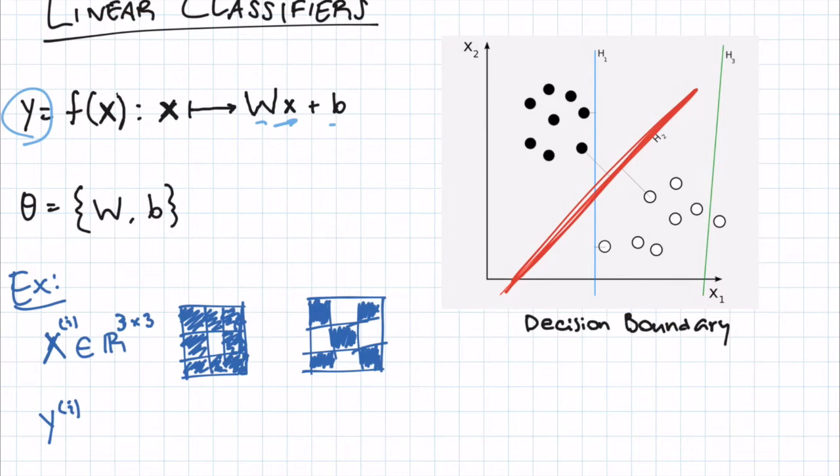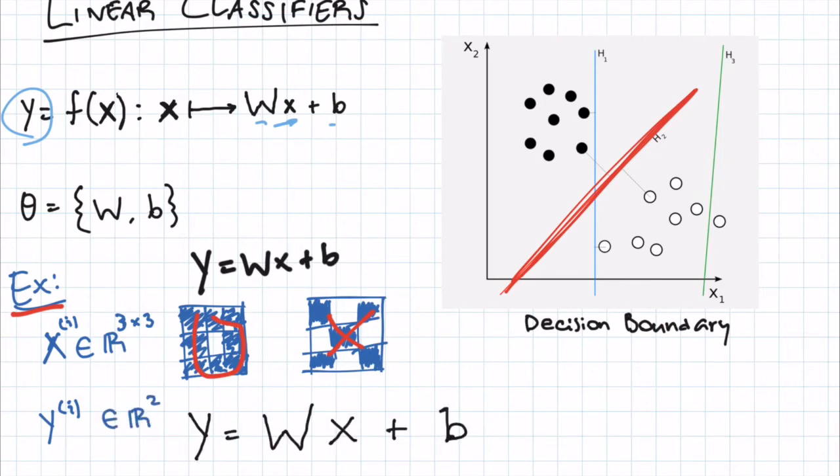Let's look at a quick example. Consider this binary classification task, where we have data in R^(3x3), where y is either 0 or 1. So we have these O's and these X's. Then for a linear model, y equals Wx plus b, and y is in R^2, then our multiplication might look like this.